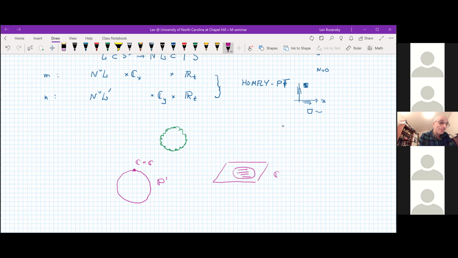But if you look at the boundaries, they're not quite aligned with each other because they end on different strands of the braid. And the braid points will show up in the other one.